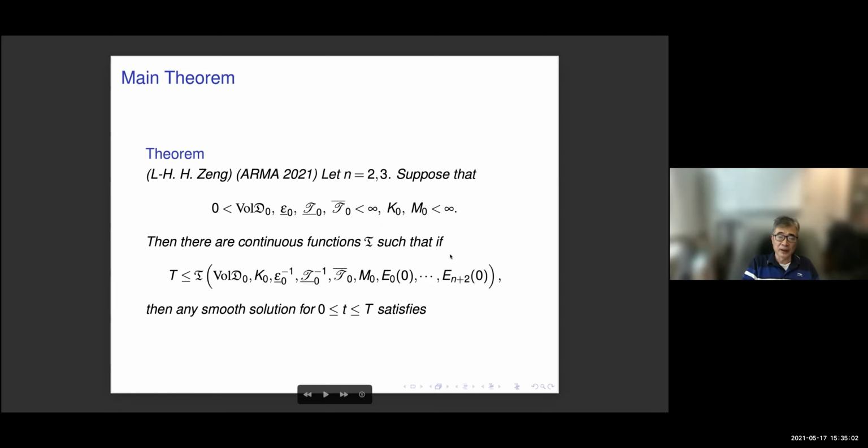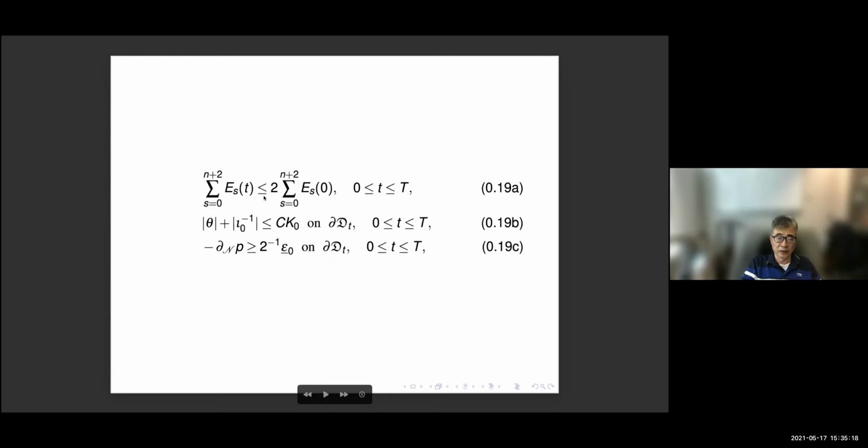Then we can find a time, continuously depending on those initial data, such that in this time interval the total energy is bounded by the initial total energy, and we also have an estimate of the boundary geometry.